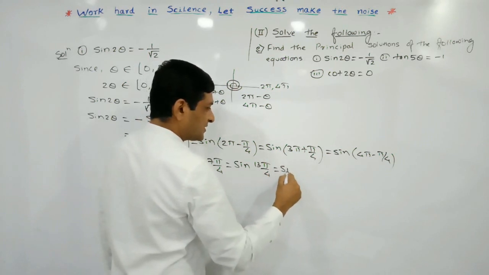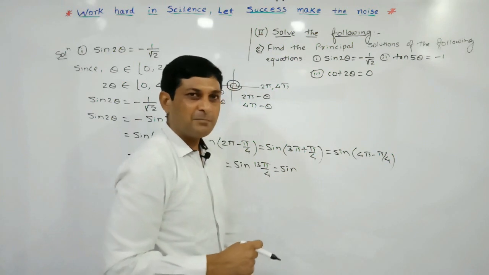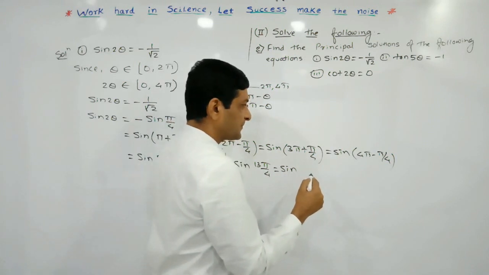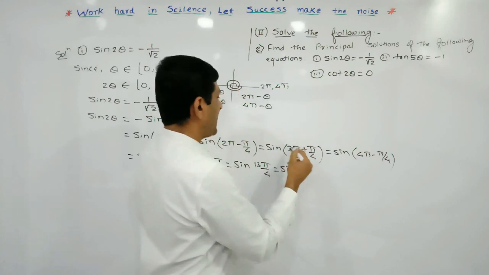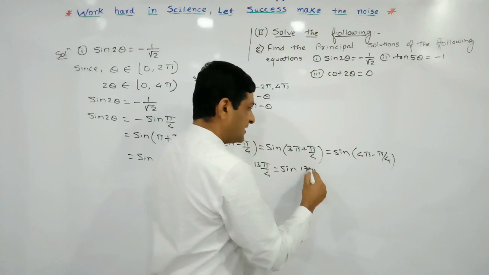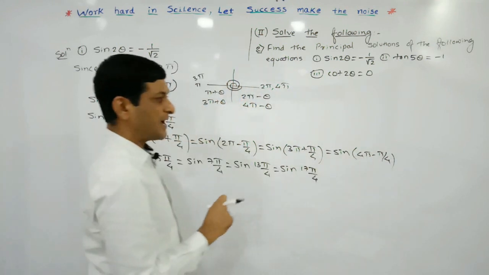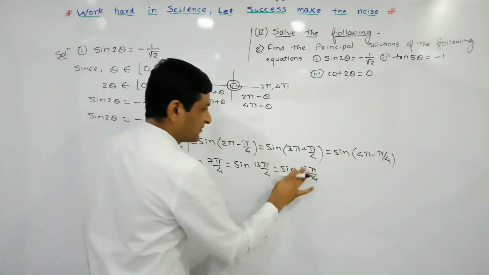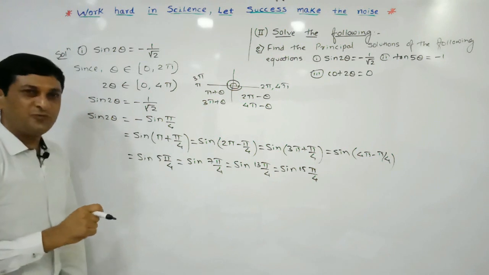Simplifying further, 4 4s are 16, 16 pi minus pi will be 15 pi by 4, sorry. In this way we have got 4 values.